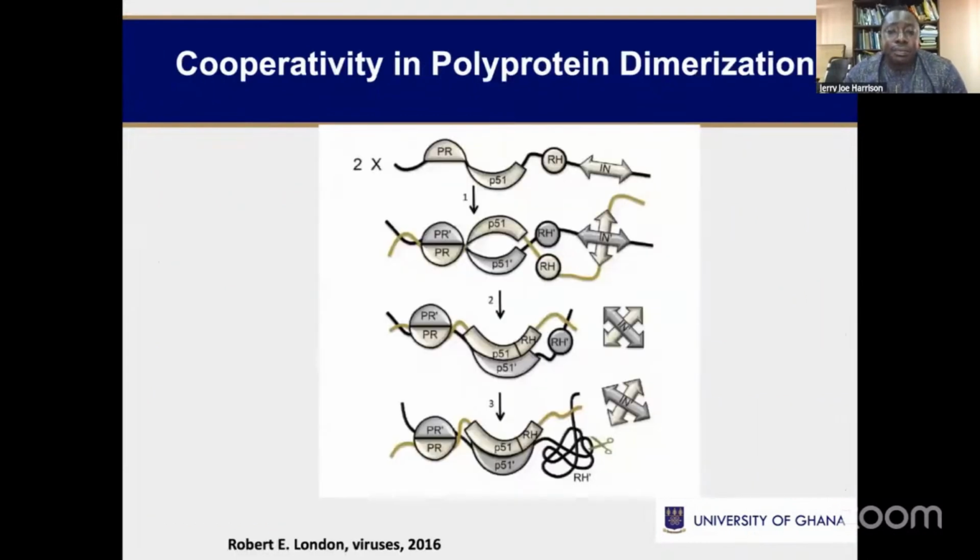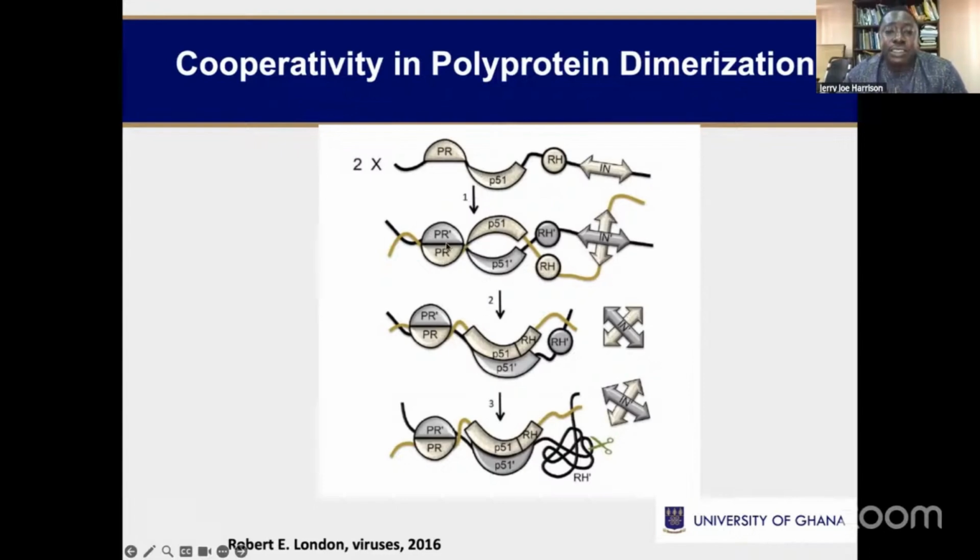These are very critical questions that we needed answers to. And just so you know, we're not the only ones who were interested in answering these questions. Bob London and his group at the NIH had been trying, using various isotopic labeling and NMR, to figure out how this process happens. This is one of the models that they published in Viruses back in 2016. They were thinking that the protease, first of all, dimerizes, and then integrase may do so.